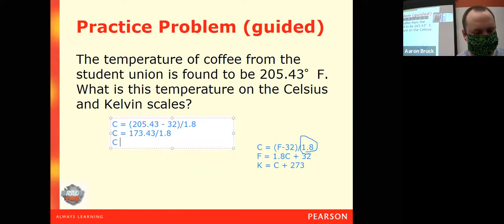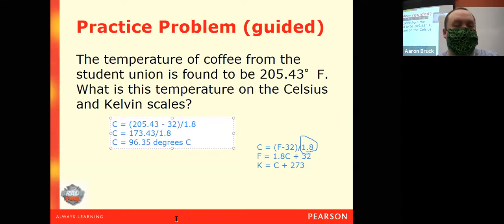Our Celsius temperature is a robust 96.35 degrees Celsius. So again, and this should make sense. This is how we know that we did the problem right, that we used the right equation.